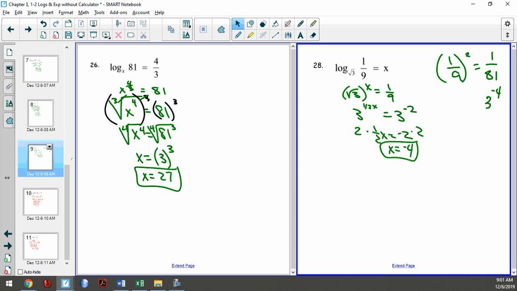Yes? That would work. Most students aren't going to want to go there, though, and I really want you guys to get used to that same base. But if you square both sides, it will get rid of that, and it still acts as the power, so I would say yes, you can do it. Okay?